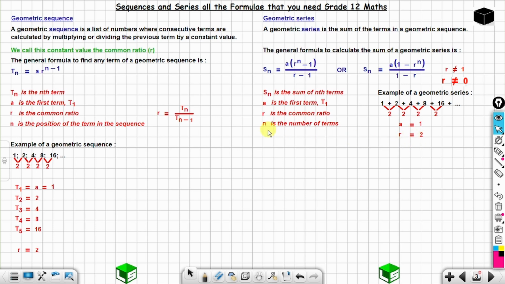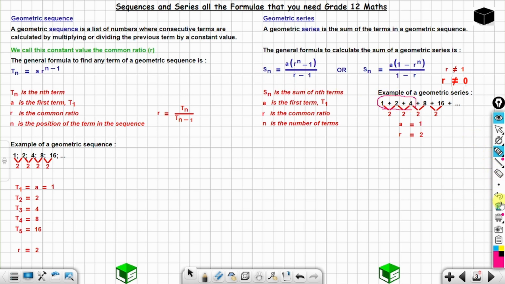So now, N is the number of terms. In the other formula, N is the position of the term in the sequence. If, for example, you are calculating S3, it means you are calculating the sum of the first 3 terms: 1 plus 2 plus 4, which is 7. So S3 is equal to 7.